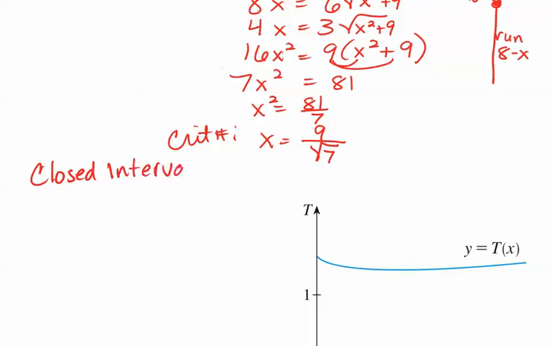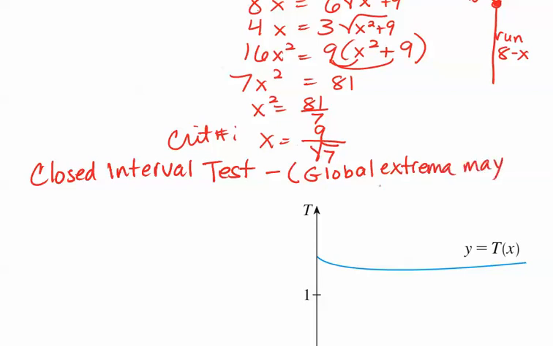By the closed interval test, and that would be good enough if you just wrote closed interval test. But remember what it says, global extrema may occur only at critical numbers or closed endpoints.